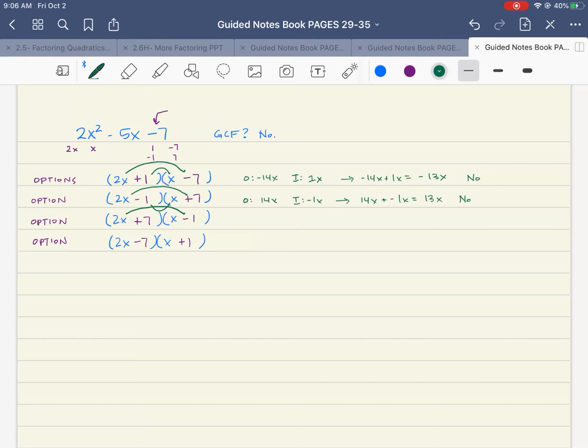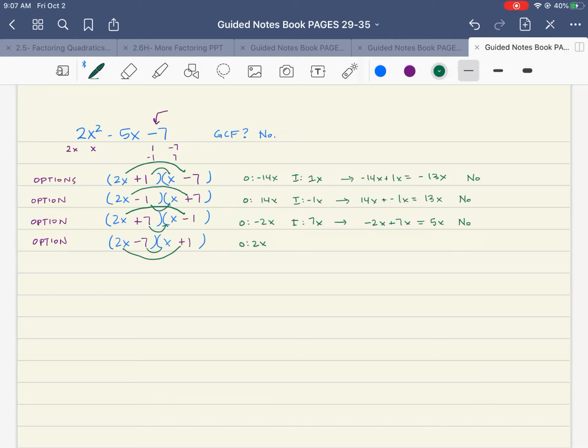If we then look at the next option, so 2x times negative 1, that gives us negative 2x. And on the inside, we get 7 times x. And so that gives us 7x. And if we do negative 2x plus 7x, we end up getting positive 5x. So we're super close on that one. This is a negative 5x, so we can conclude that it would just be flipping the signs.